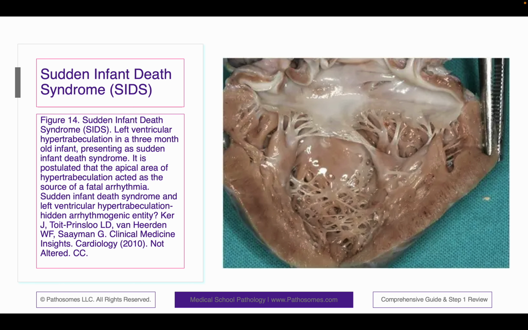Here we have a gross heart that's been splayed open, showcasing left ventricular hypertrabeculation in a 3-month-old infant that suddenly passed away to sudden infant death syndrome. It's postulated that the apical area was involved with an arrhythmia that led to the fatal demise of the baby.